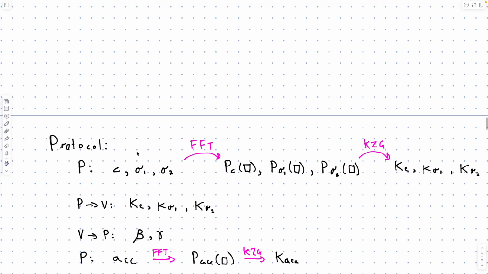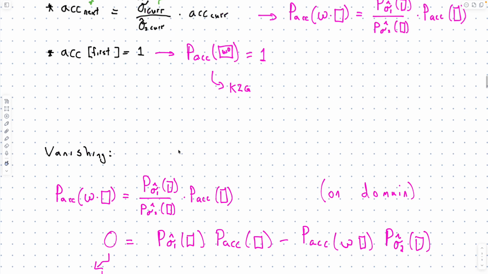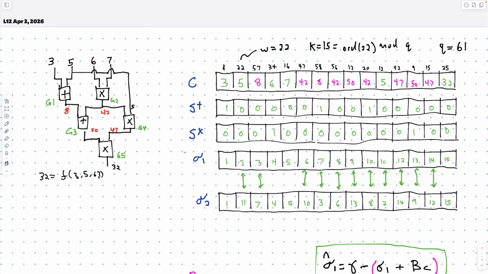All right, so I create these 3 as arrays. Then I want to convert them to polynomials. So I'm going to treat each element of the array as an evaluation at the roots of unity here. So I'll say 3 is a point on my polynomial, 22, 5 is a point on my polynomial, 57, 8 is a point on my polynomial.